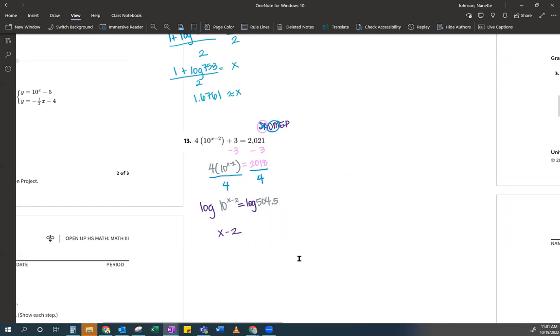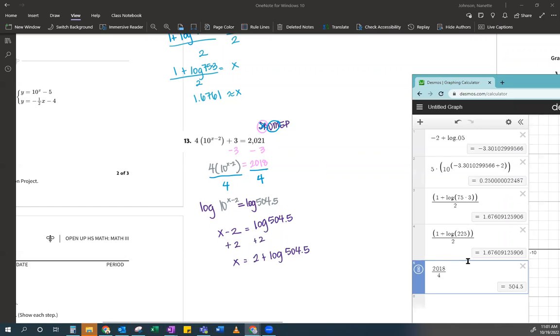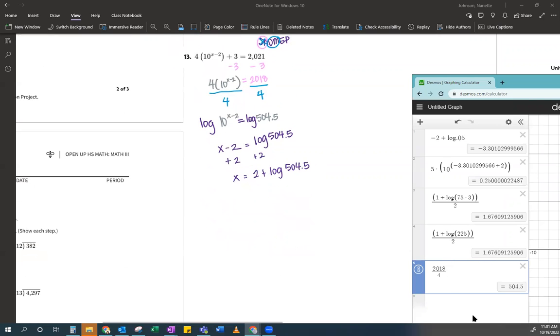So whenever, like if your SATs or whatever say, give me the exact answer, that's you not touching a calculator and pushing logs and square roots and all the numbers that give you decimal approximations, right? So then now what I'm going to do is plug my whole function in. So 2 plus log of 504.5.